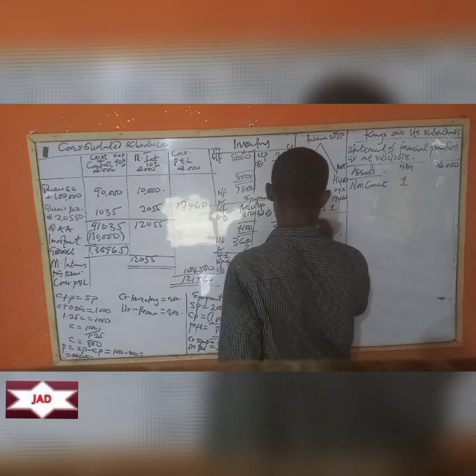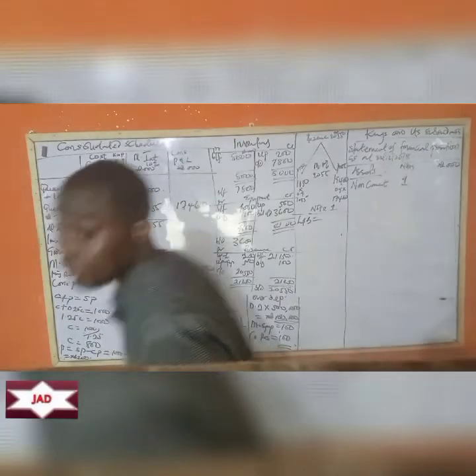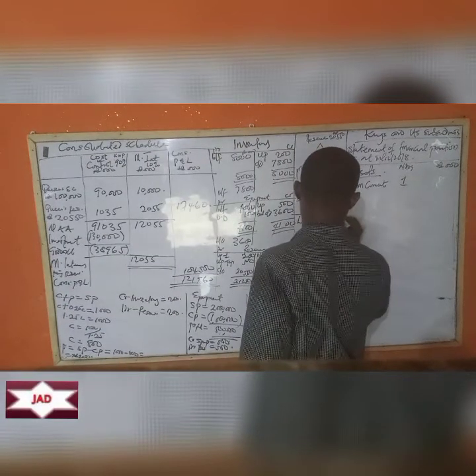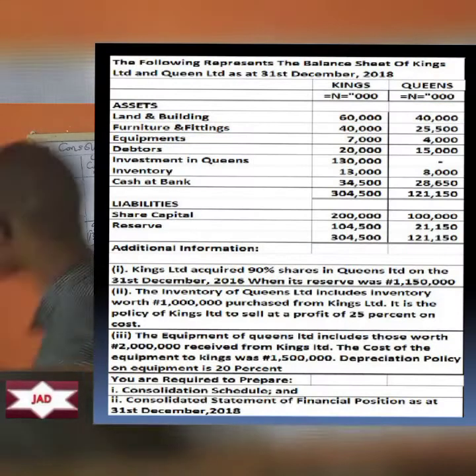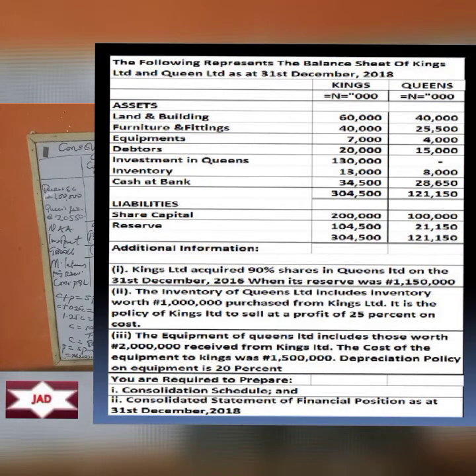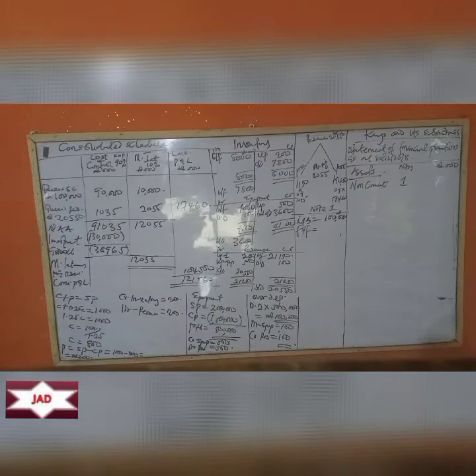You can just do the calculation yourself. What do we have? Furniture and fittings. We have 40,000 and 25,500. So 40,000 plus 25,500 is 65,500.